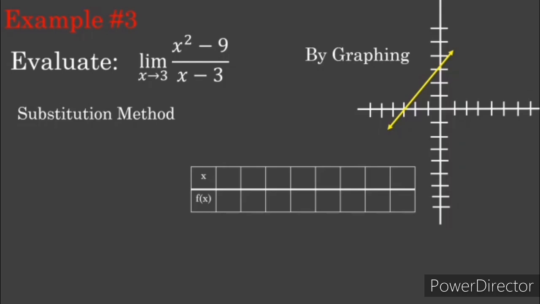So, we have at x equal to 3, yung function natin ay x squared minus 9 over x minus 3. So, palitan natin ng 3 yung x. So, we have 3 squared minus 9 over 3 minus 3. 3 squared is 9, minus 9 over 3 minus 3 is 0. 9 minus 9 is 0 over 0, which is equal to undefined.